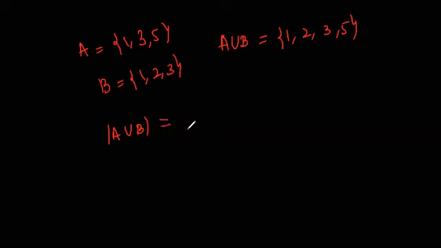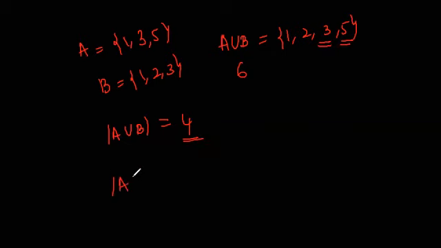Cardinality of A union B is 4. But if you notice, there are 3 elements in A and 3 elements in B, so it should be 6. Why is it 4? The elements which are repeated twice, we should take them only once. So the cardinality of A union B is 4.